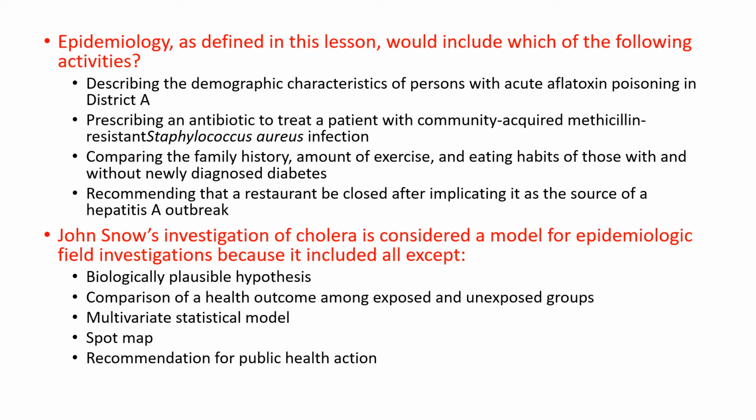Because it had the proper recommendation for public health action. It had spot maps. It compared the health outcome of exposed and unexposed groups. And it didn't include the multivariate statistical model. So that's the answer.